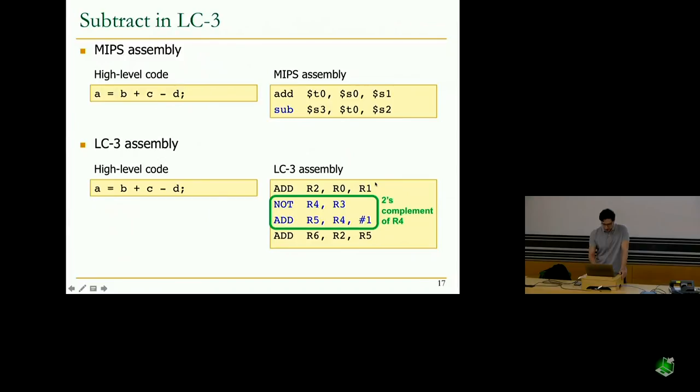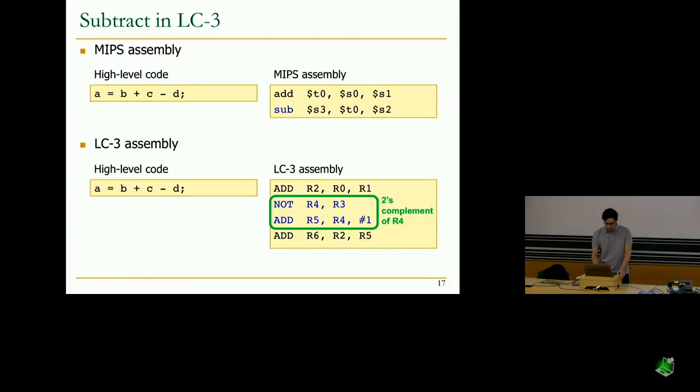And then right after that we need to do these two instructions, not and add, that are used to calculate the 2's complement of register R4. In R4 we have D. So what we are doing here is taking R4, inverting all the bits, and adding 1. That's the way we calculate the negative of a positive number, right?